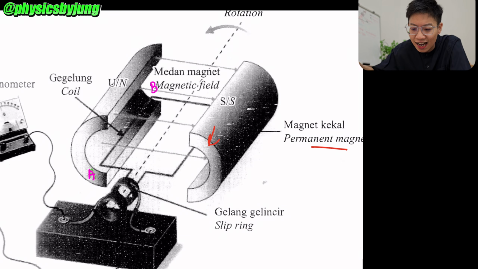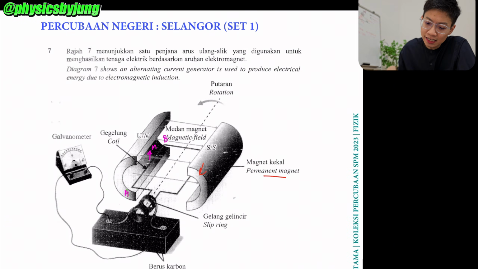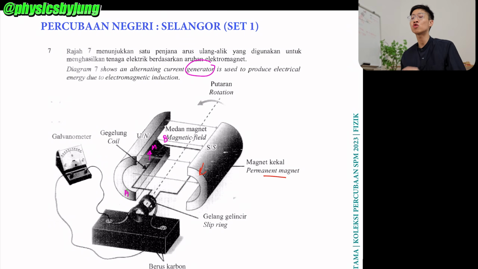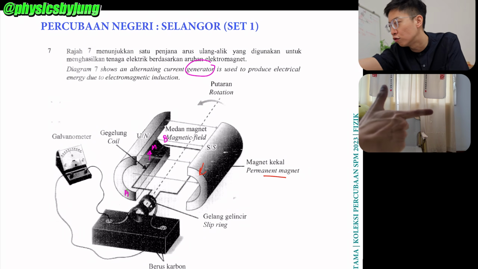If let's say I now move this wire upwards, so the motion goes up. Okay, so which will be the direction of my current flow? Okay, so right now, because this is a generator, what we are going to use is our right hand Fleming rule. Okay, so look at the other camera. So right hand Fleming rule is that from north to south.